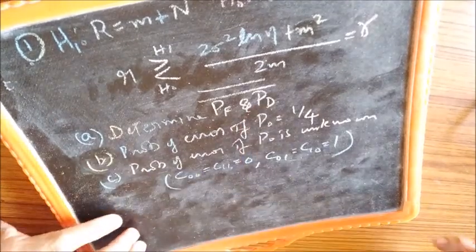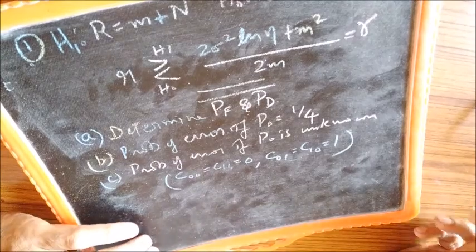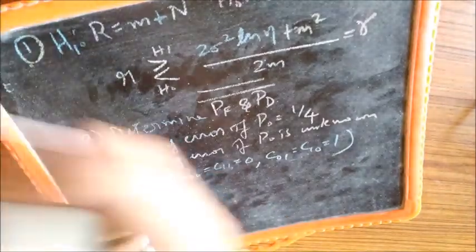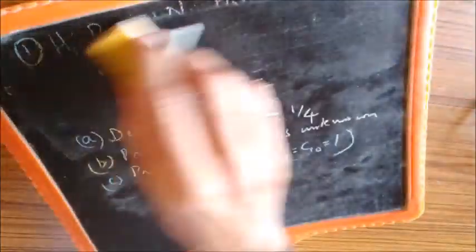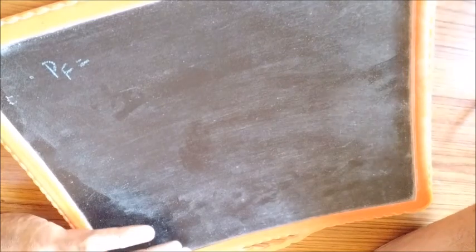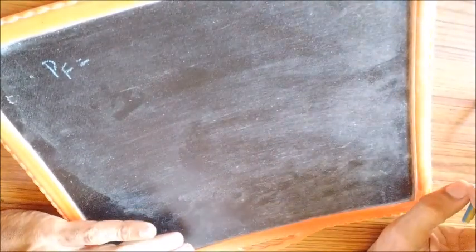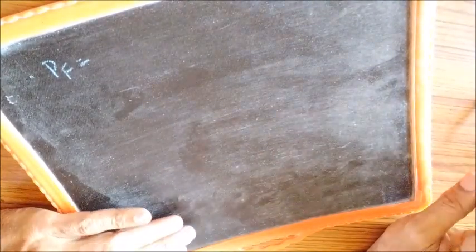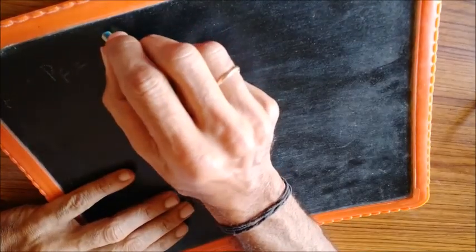So let us first determine PF and PD. Clearly, the probability of false alarm, as you know, is when you declare that H1 is the true hypothesis when actually H0 is the true hypothesis.